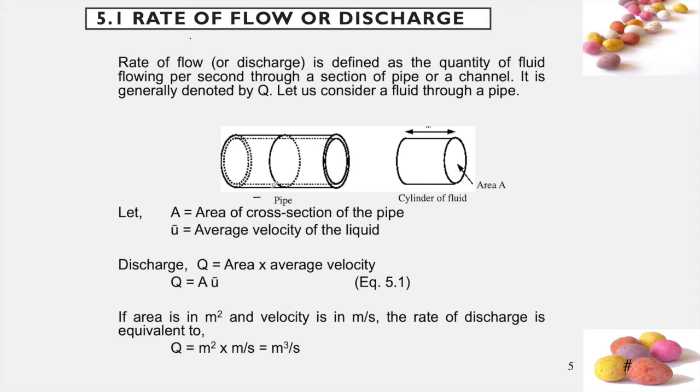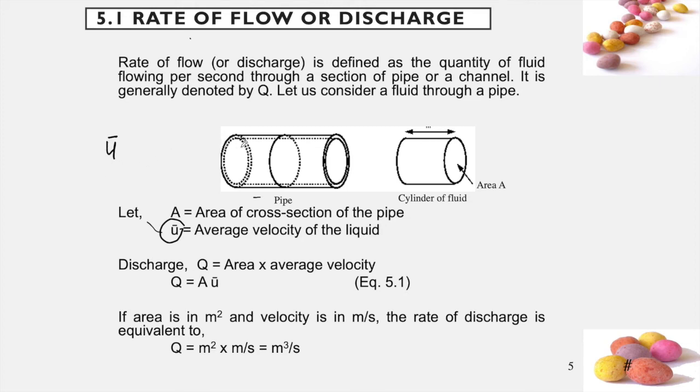We have A, the cross-sectional area of the pipe, and U bar. This bar means that the velocity is the average velocity.